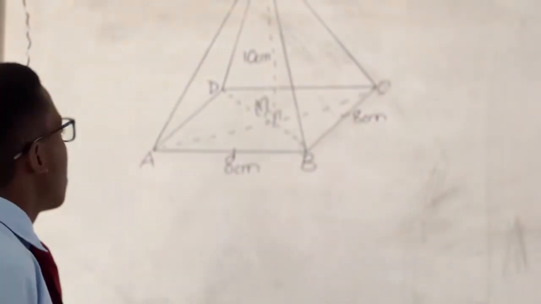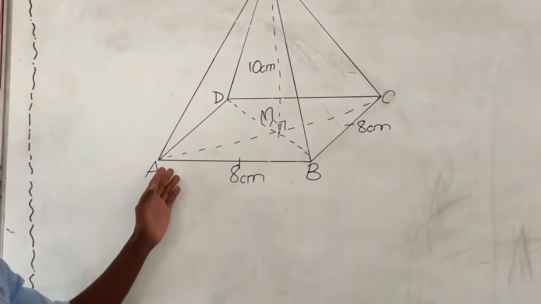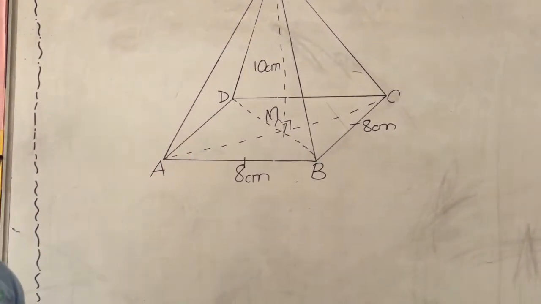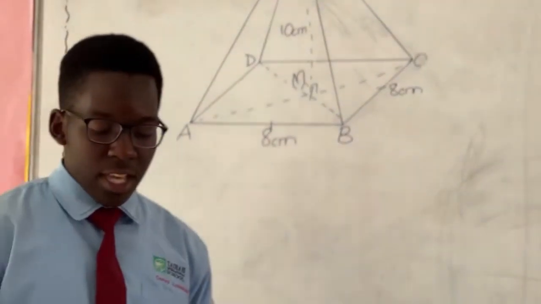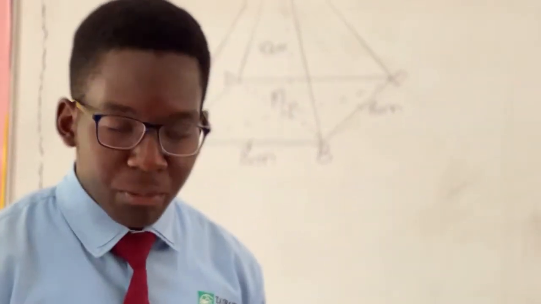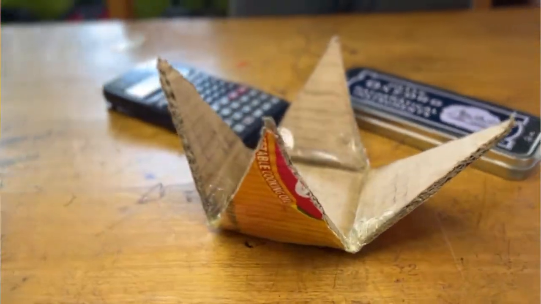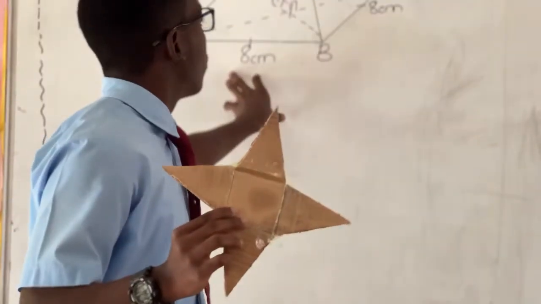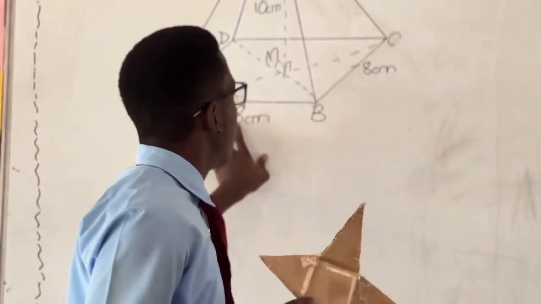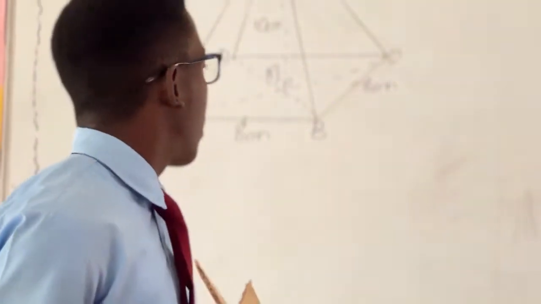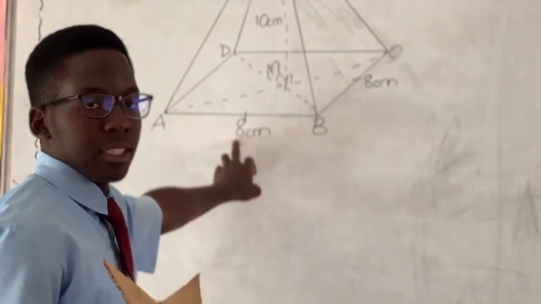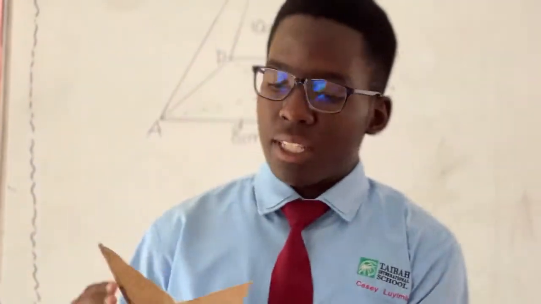So we have our object like this, and a quick illustration of the object is this. This is a net. For example, I've been able to make the net of this. This is called a pyramid, and so I've been able to make the net. This is a pyramid with a square base, and so we have this square base.